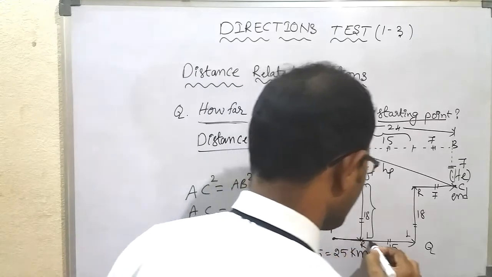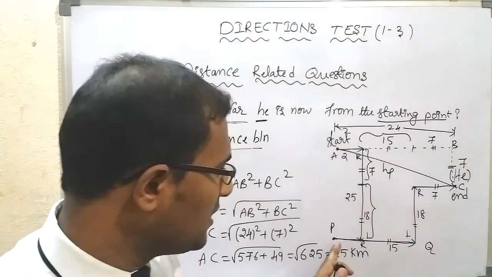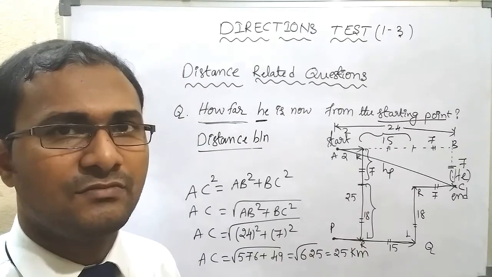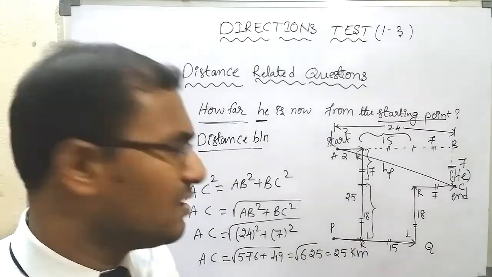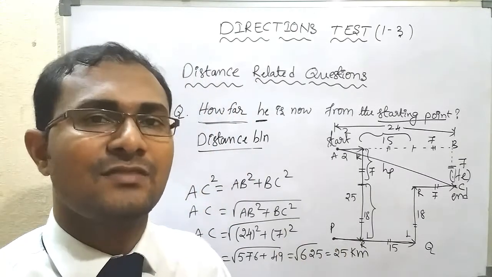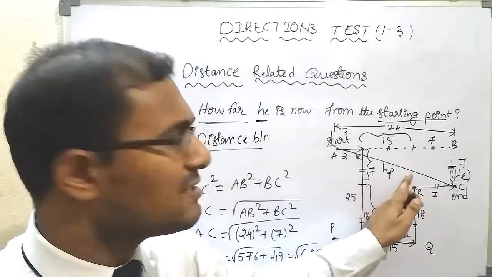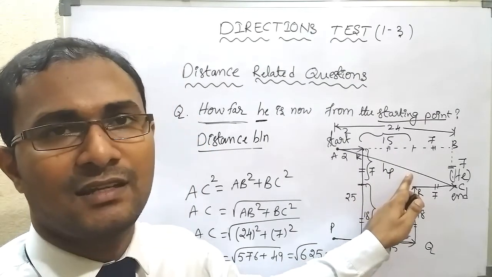We have to draw a straight line between these 2 points. Now see, in between P and Q we have one line. For that line, do we have any slope? No, slope is not there. If there is no slope, then we have to find the direct distance. No need to frame the right angle triangle. Whenever that particular line has a slope, only then frame the right angle triangle.